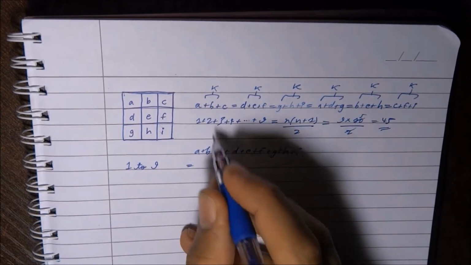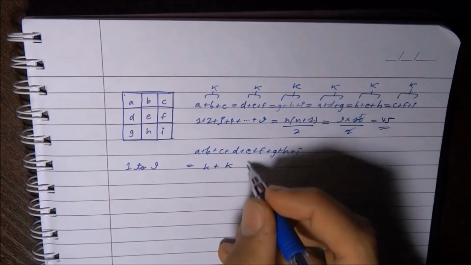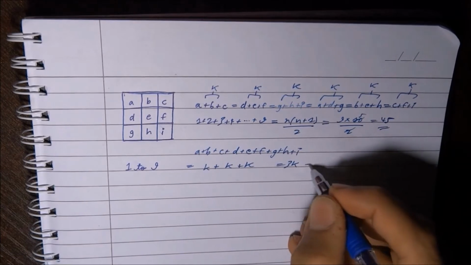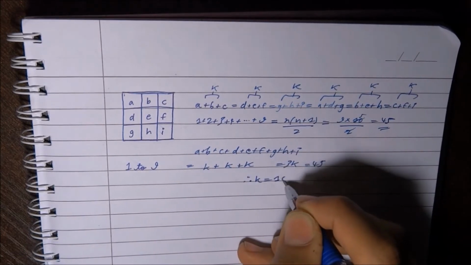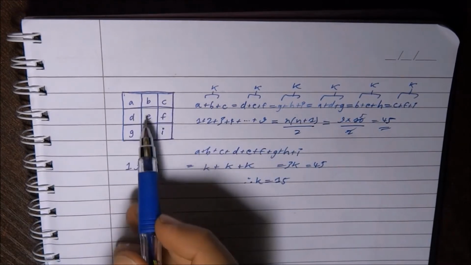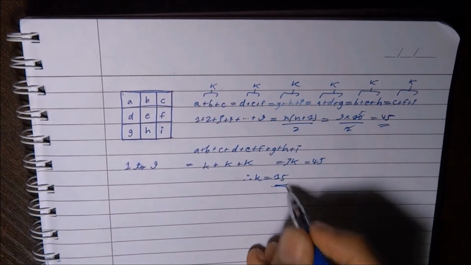Now a plus b plus c is 1k, d plus e plus f is 1k, and g plus h plus i is 1k. So that equals 3k, and we have already calculated the sum. So 3k is equal to 45. Therefore k is equal to 15. So that means the sum of every three numbers in rows and columns has to be 15. This is the first step complete.